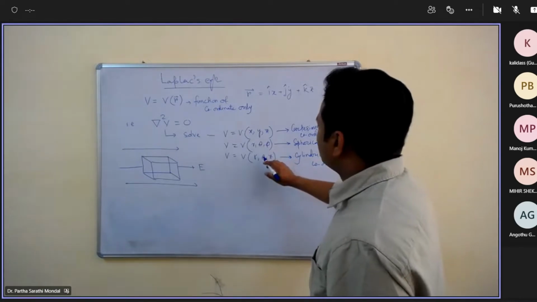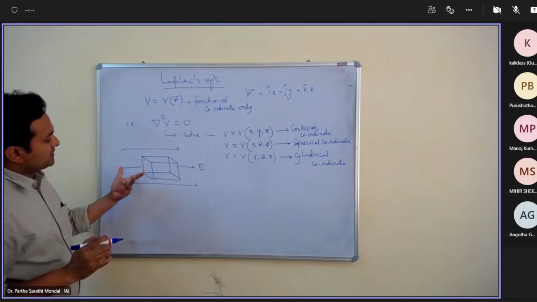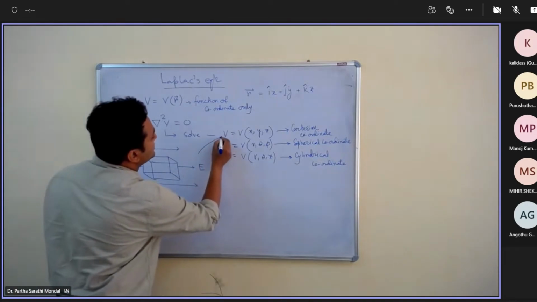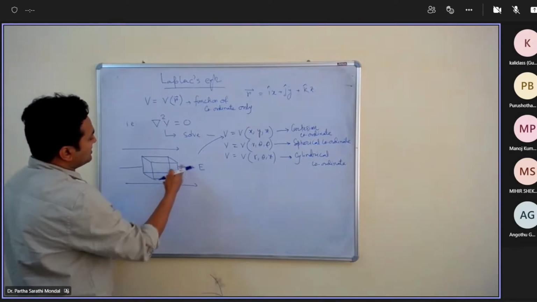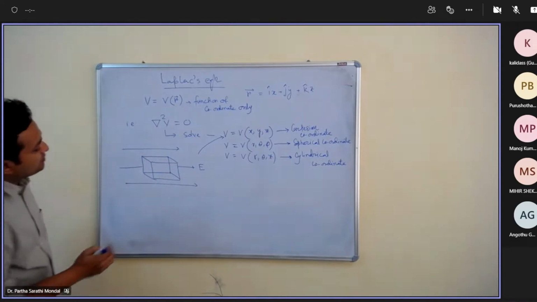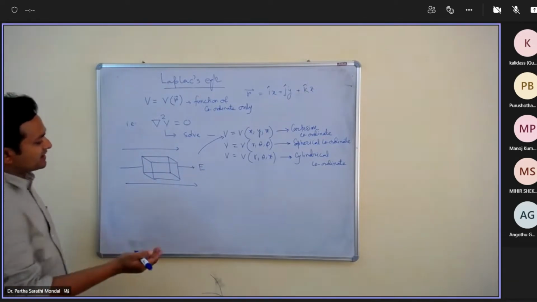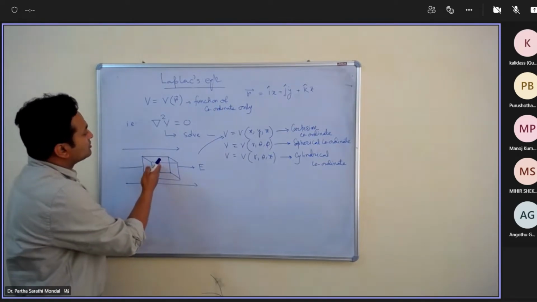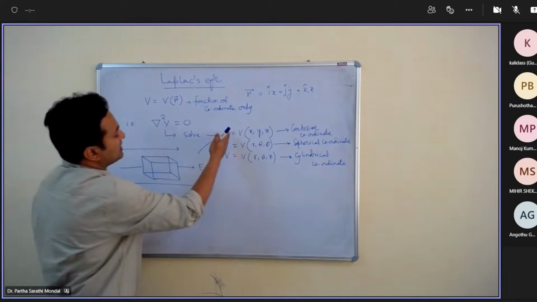A box, a rectangular parallelepiped, has Cartesian symmetry in 3 dimensions. Then there will be dielectric polarization inside the box, but there is no charge enclosed, so we can apply the Laplace equation here.